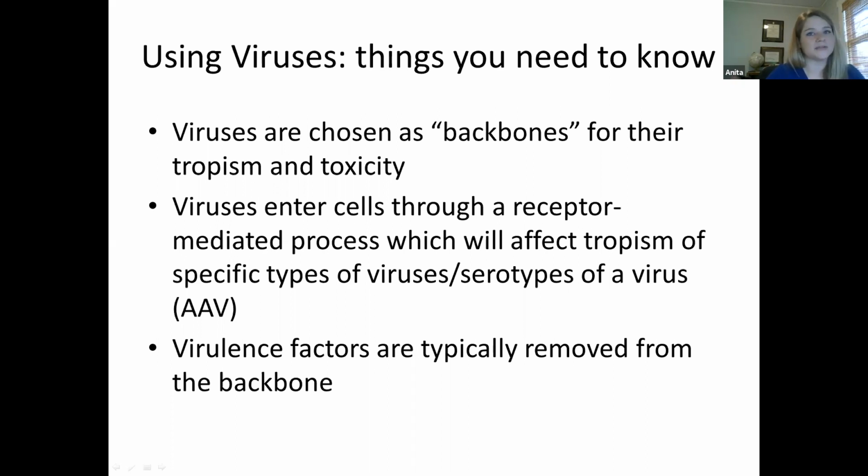A lot of them can infect if they are replicative, but a lot of times we remove replication when we're trying to use them in the lab. We'll talk about how you can trick a virus into crossing a synapse based on its properties. And the viruses that we use, we try to make sure that they don't have virulence factors.